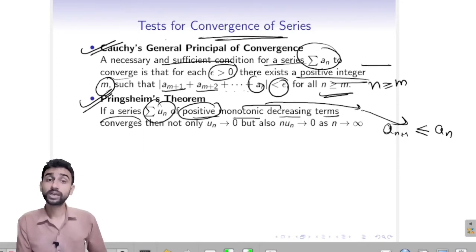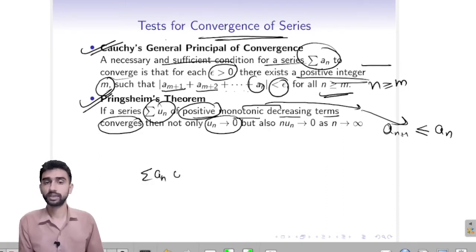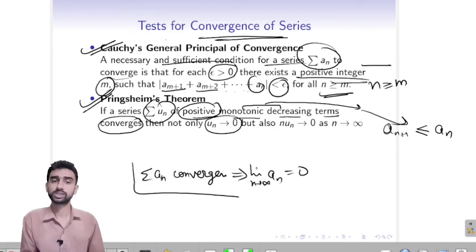Now it will converge, then not only does un tend to 0. We discussed that if a series an converges, this implies the limit of an as n tends to infinity equals 0. This we studied in the previous slides.